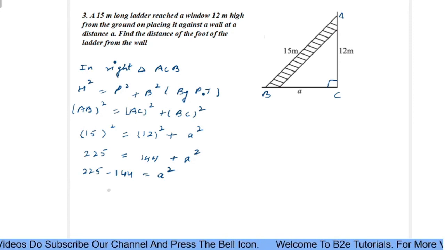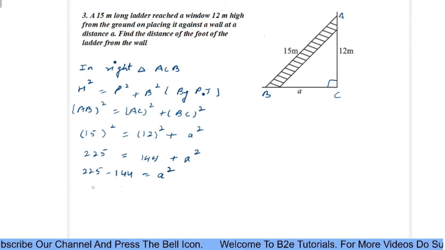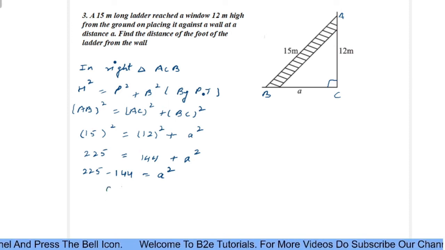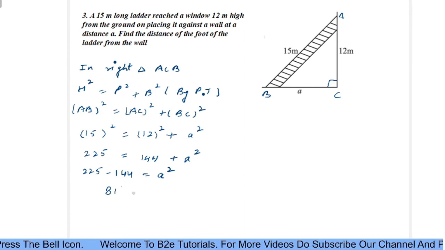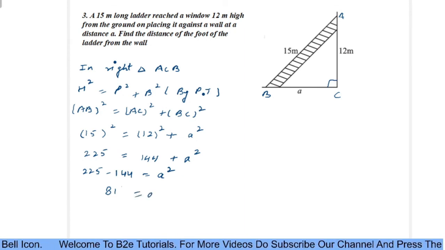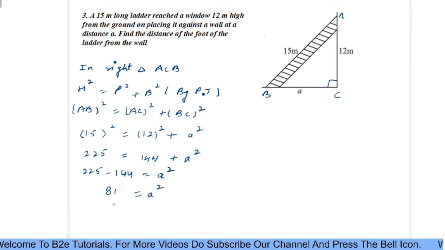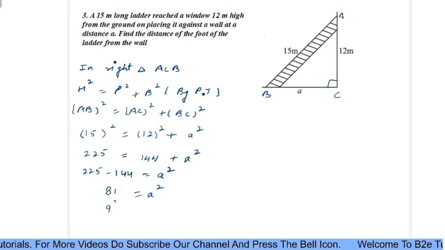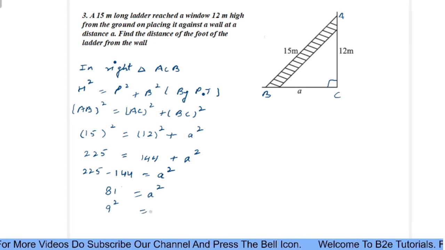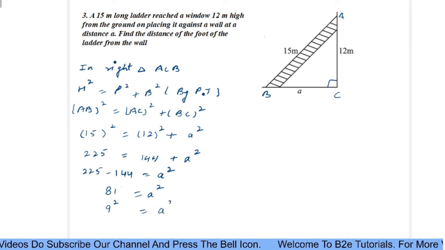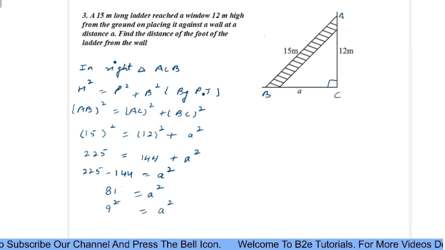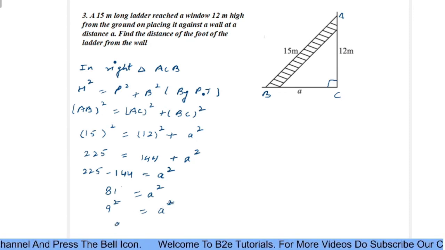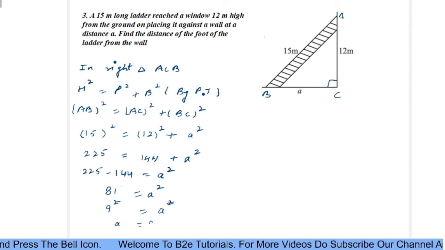Subtract it, you will get 225 minus 144 equal to 81. 81 equal to E square. 81 is the square of 9. This can be written as 9 square equal to E square. Here cancel the square. E equal to 9.